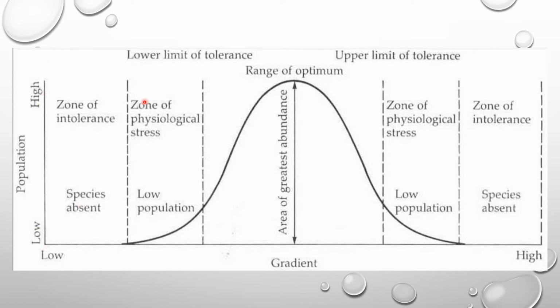So when we're outside our range of tolerance, that means that the organism or that population of organisms is experiencing physiological stress. Remember that. And if they're experiencing stress, it's going to limit their growth, reduce their ability to reproduce, and if it's too stressful, they'll die.